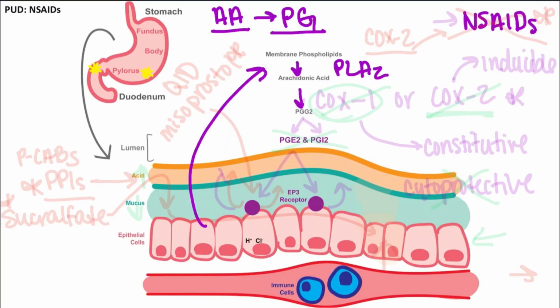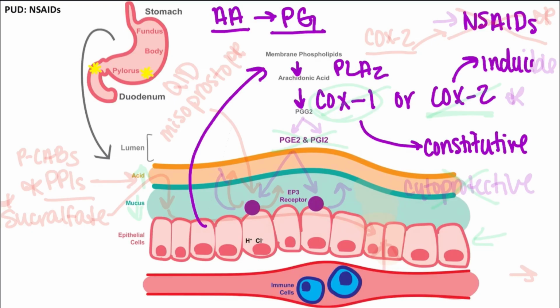Arachidonic acid is then converted to PGG2 by cyclooxygenase enzymes, which are also known as COX-1 or COX-2. Now, one important thing to note is COX-1 is constitutively expressed on platelets, GI mucosal cells, and renal tubular cells, whereas COX-2 is inducible at sites of inflammation.